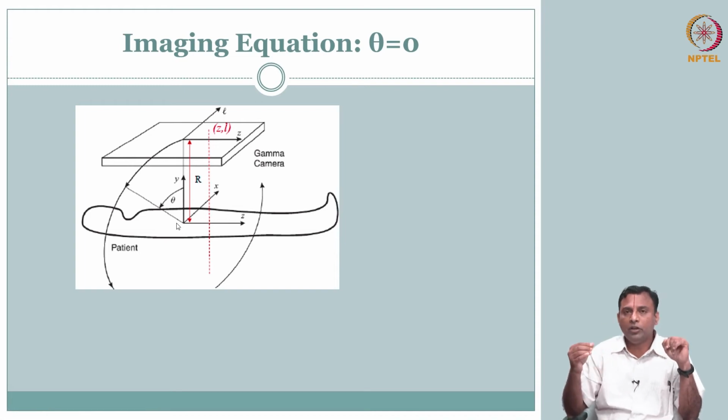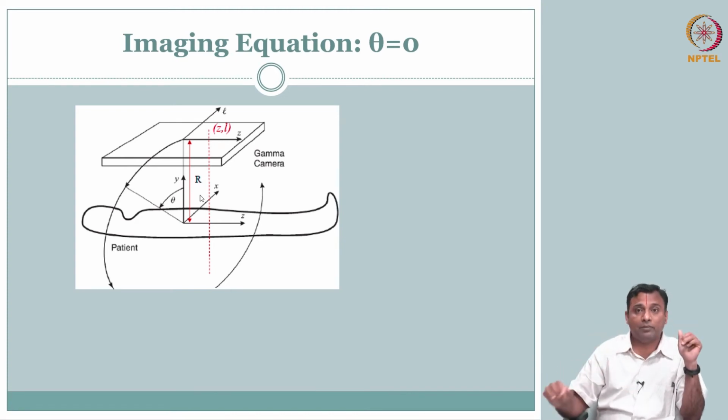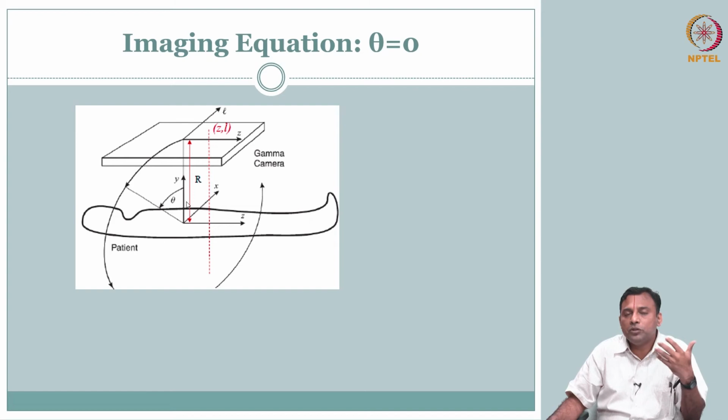So it will be fruitful for us to make sure the coordinate here corresponds to the way we set it up for CT. So you have an isocenter where the patient is, and then you have L comma theta as your data format, if you recall from your X-ray CT. So here we would like to have a similar setup so that we could quickly use the reconstruction algorithm that we already have.